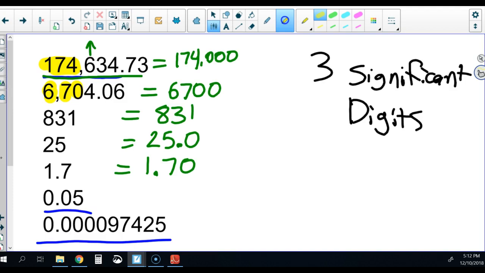0.05. Now, gotta be careful here. First few numbers, 0.0, those don't tell me how accurate this measurement is. Now they tell me how small the item is, but not how accurate my measurement is. So if I were to say 0.05, this is my only significant digit so far. I only have 1. I need to have 3 significant digits.